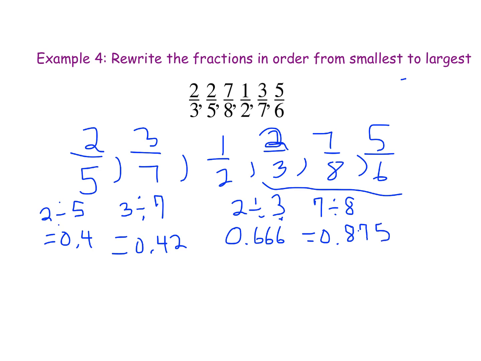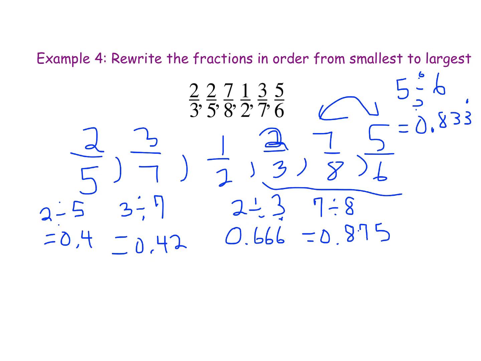And if I take 5 and I divide by 6, then I'm going to get 0.833333 repeated. And so here, it looks like we're going to have to switch our last two fractions because 7/8 is slightly bigger than 5/6.